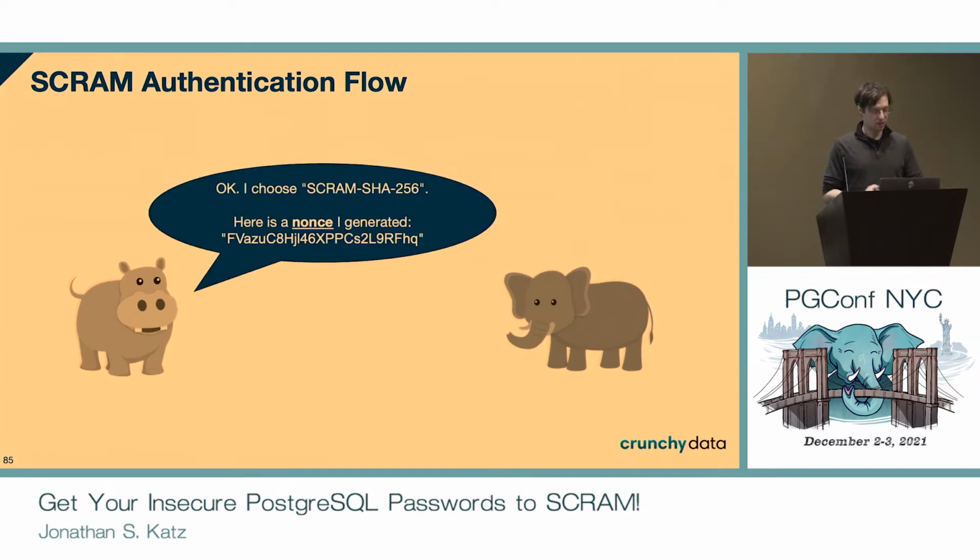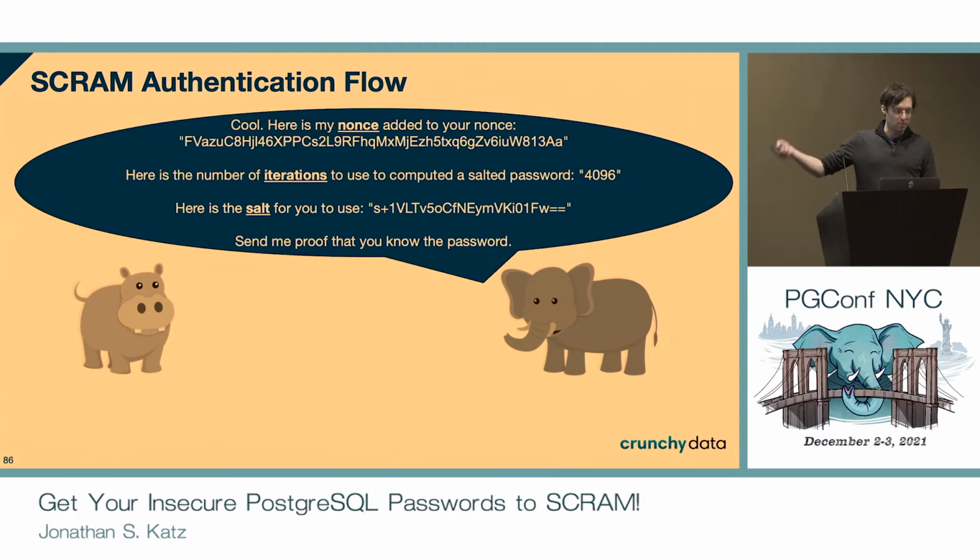So Gray Hippo is going to say, great, we're going to use SCRAM. I'm going to generate what I call a client nonce. It's just some cryptographically random bytes, could be arbitrary length, but here's my one-time nonce. We send that up to Postgres. Postgres says, cool, here's my nonce. I'm going to generate a server nonce, and I'm going to append it to your nonce.